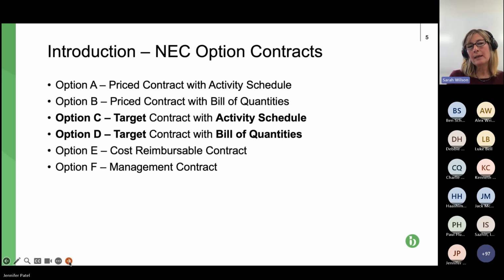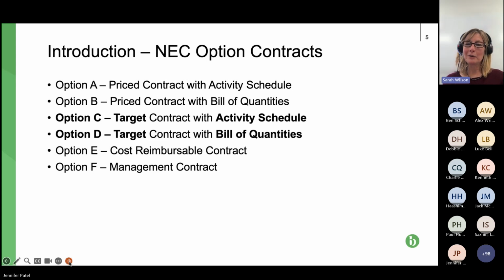So they're both target contracts, as you can see there. Option C is based on an activity schedule, similar to option A, and option D is based on a bill of quantities. We'll come back to that in a bit more detail, but bear it in mind.